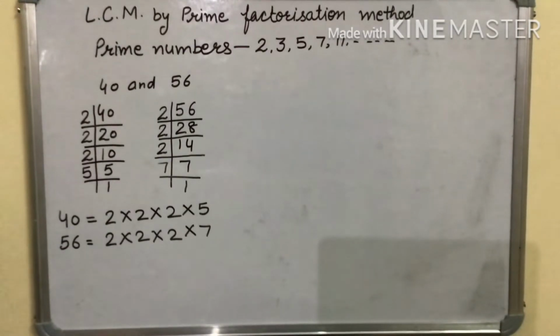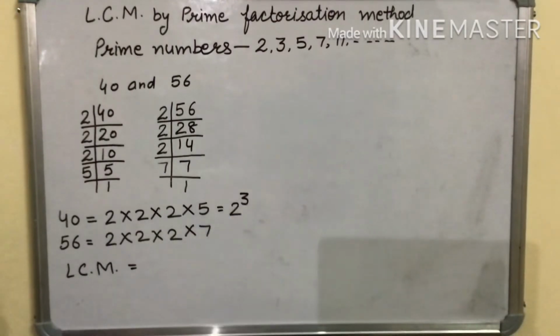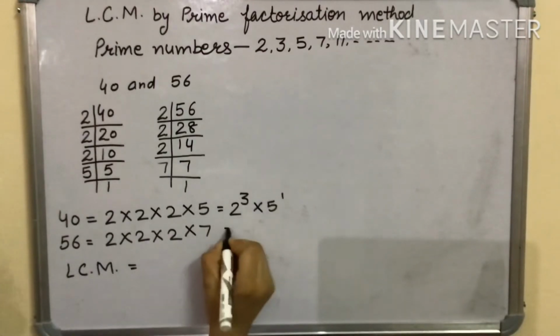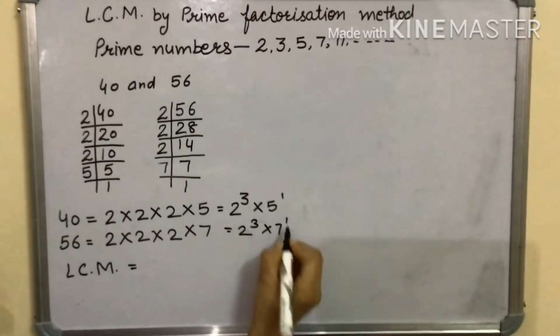LCM of the numbers is the product of the prime factors appearing the maximum number of times. So here we see that 2 is 3 times and 5 is 1 time. Here also 2 is 3 times and 7 is 1 time.